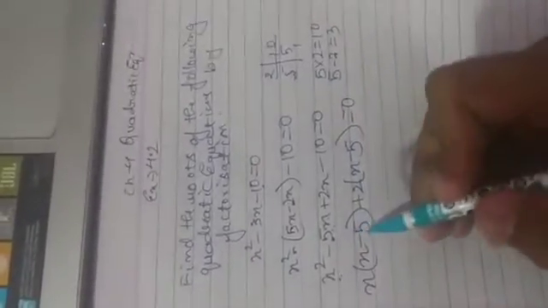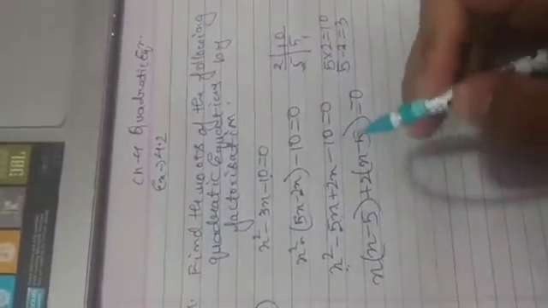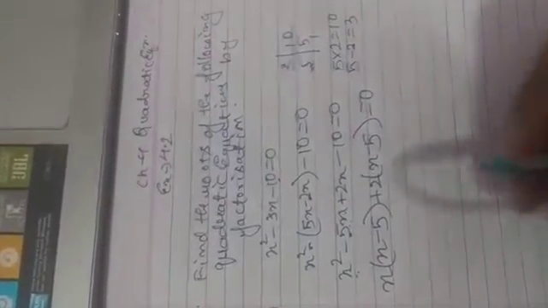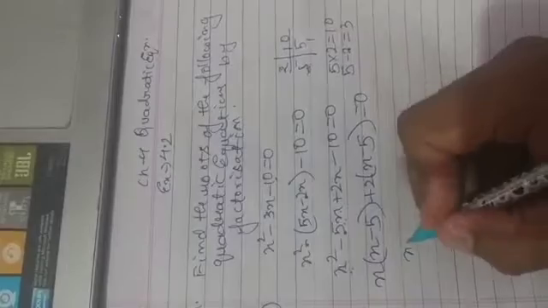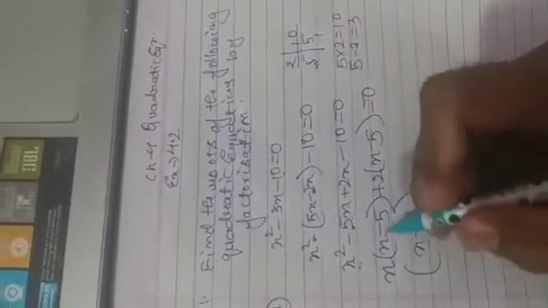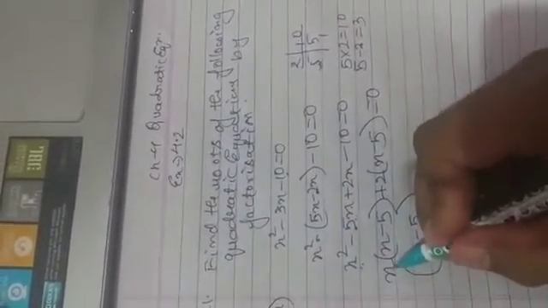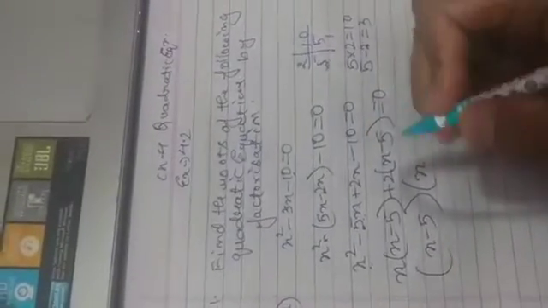Now this whole term x minus 5 and x minus 5 is common, so we will take x minus 5 as common. If we take x minus 5 out, what we will get here? Only x. And if we take x minus 5 common from here, what we will get? Only 2, is equal to 0.